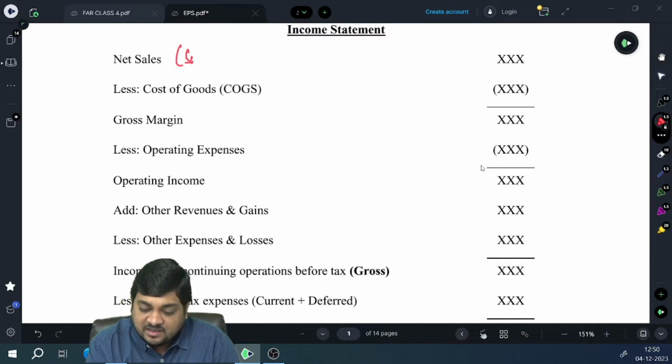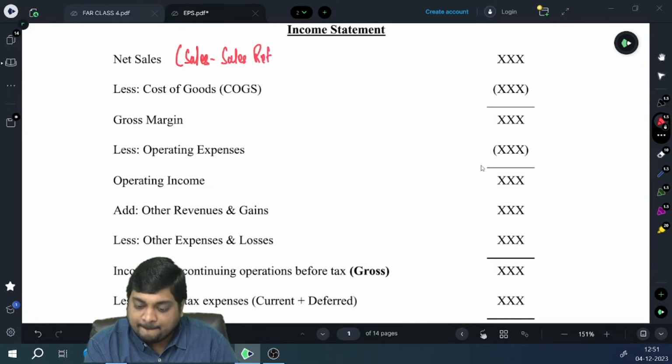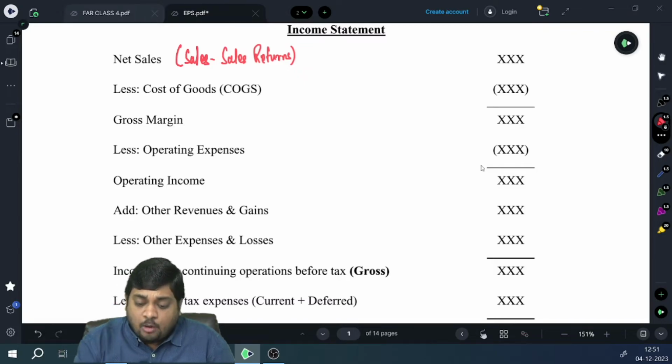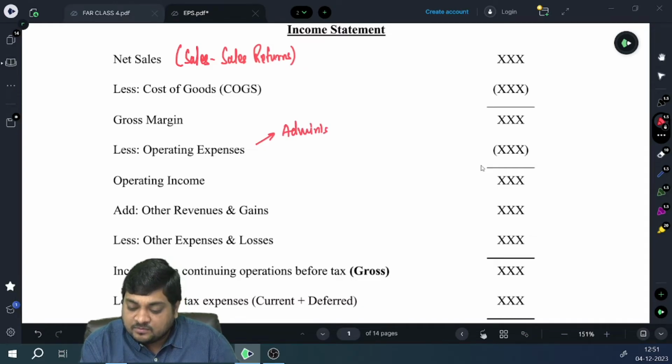We have sales less sales return. Then we have cost of goods sold, right? And from sales, if you subtract cost of goods sold, we get gross margin, right? Then we subtract operating expenses related to administrative work, so we call it administrative expenses.